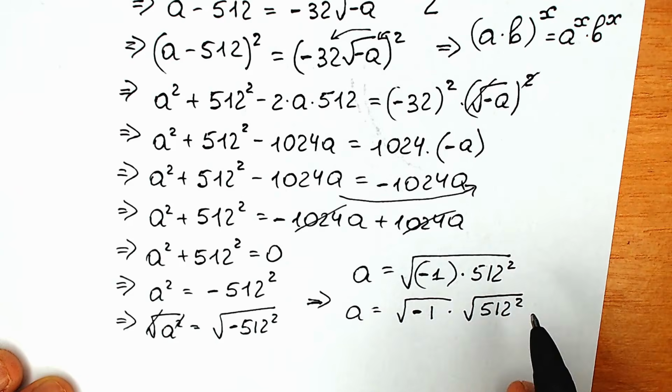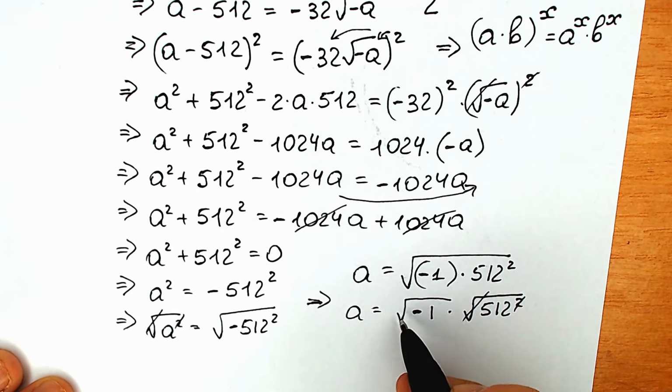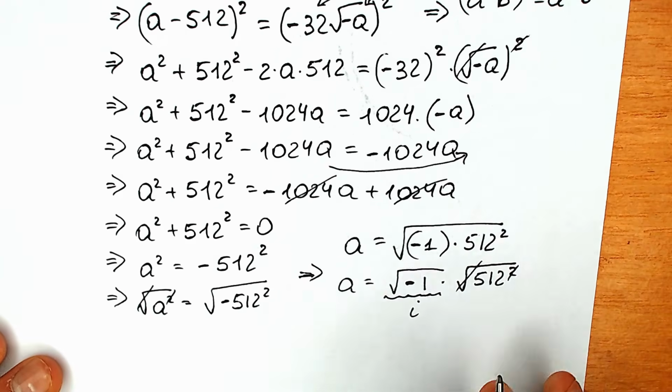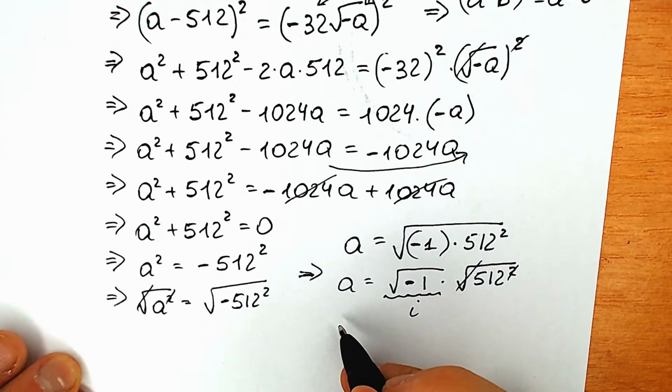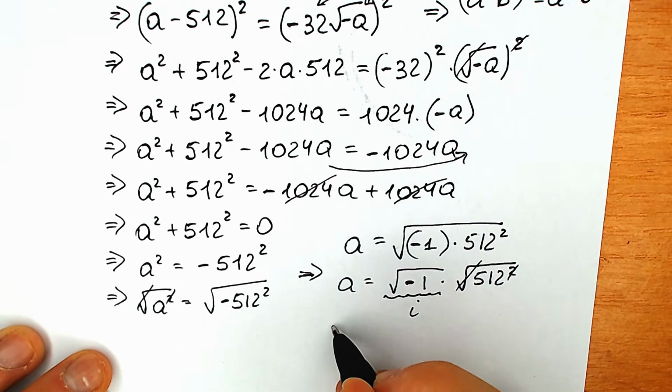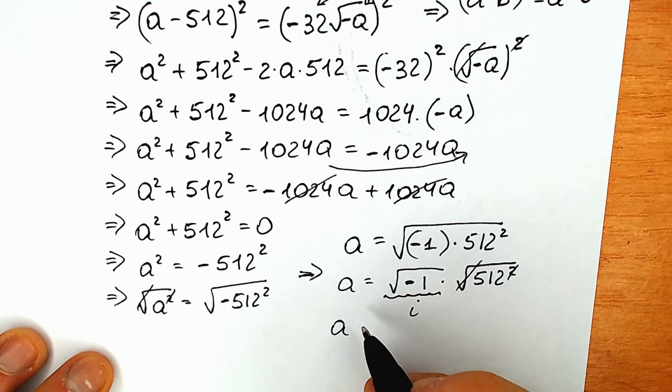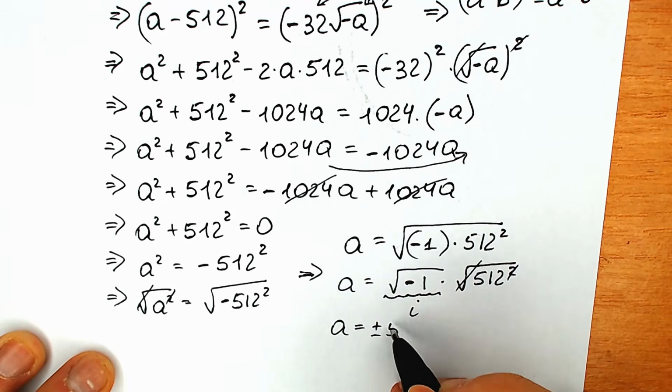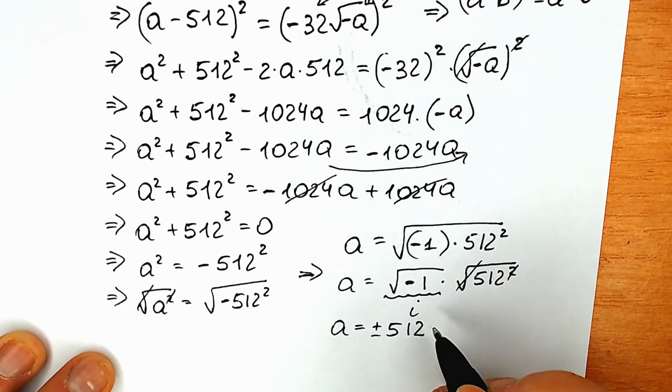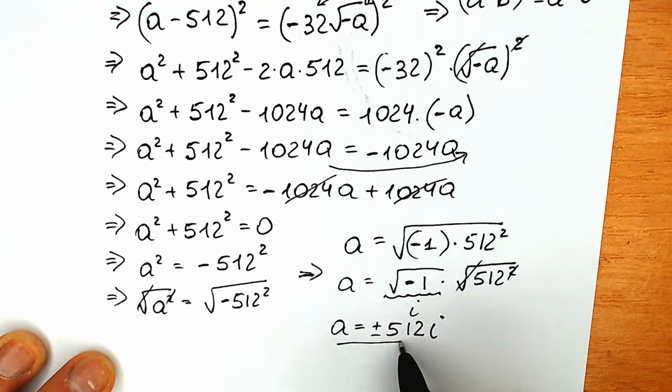This is very basic because we can easily cancel our square root sign and these two, and square root of minus 1, this is our complex unit, this is our i. So as a result, from here we can easily say that our a is equal to plus minus 512 times i. This is our answer to this question.